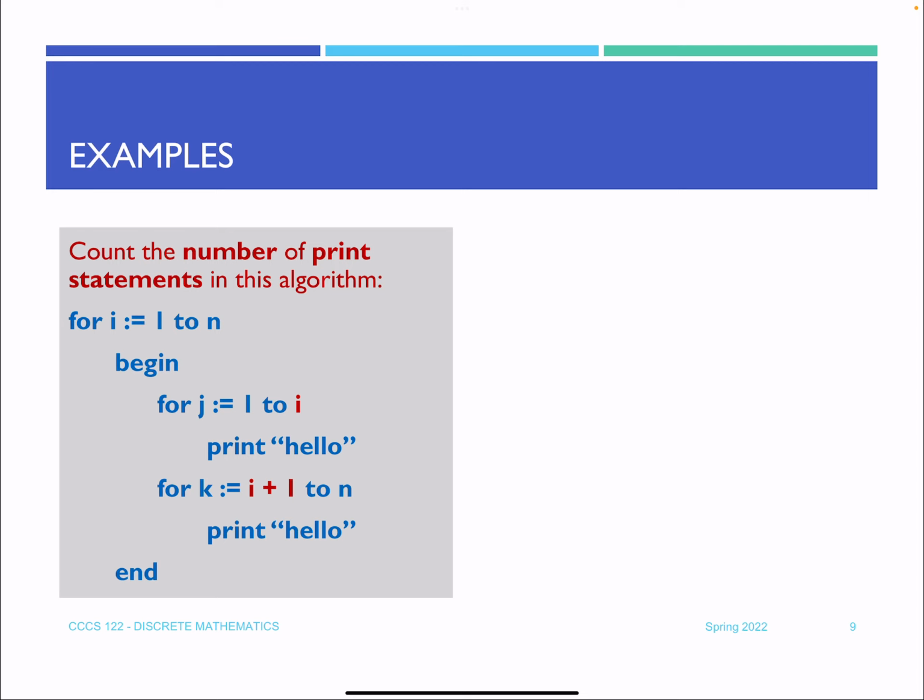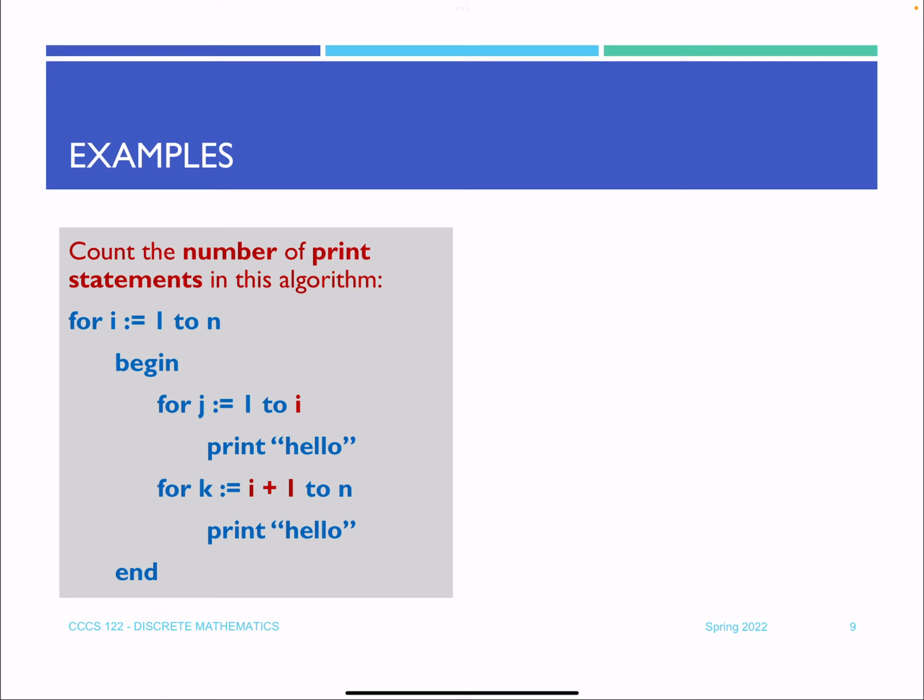Okay, yet another example. In this one, again, we want to count the number of print statements, but the thing that we changed around this time is we played with the number of iterations of the inner for loops.